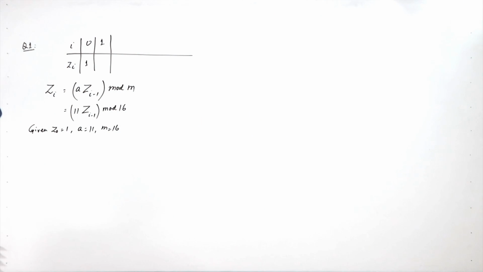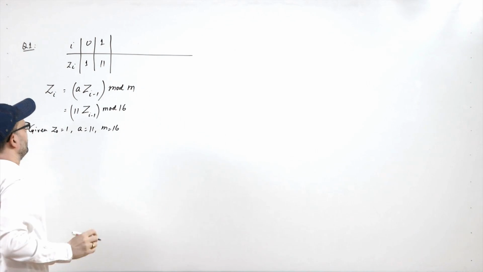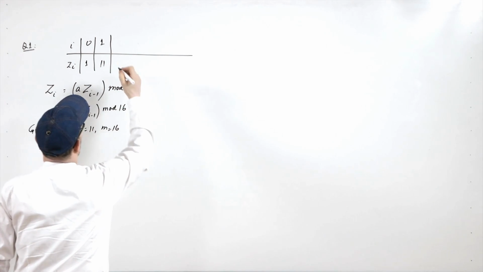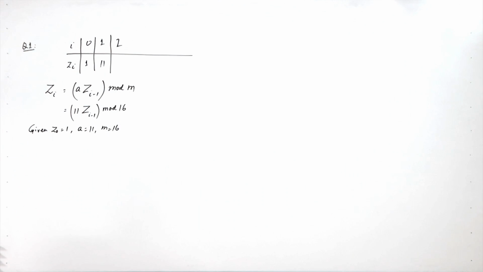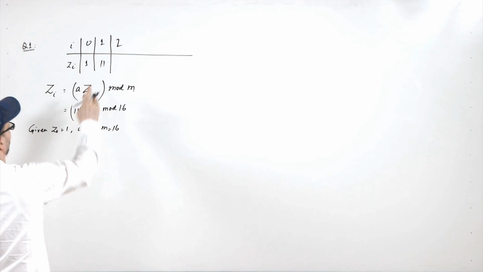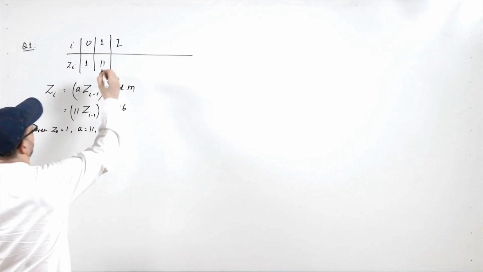Now once we go further we can get the values. If it is 1, it will be 11. Then I will be 2. Z2 will be 11 into 11, so 121 mod 16. 16 into 7 plus 9, so it will be 9.